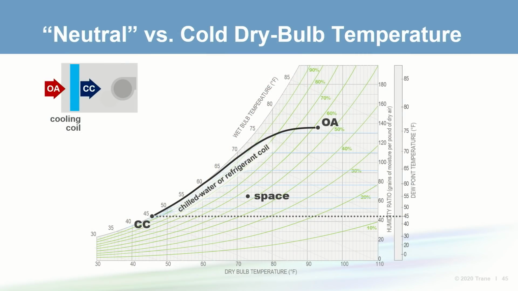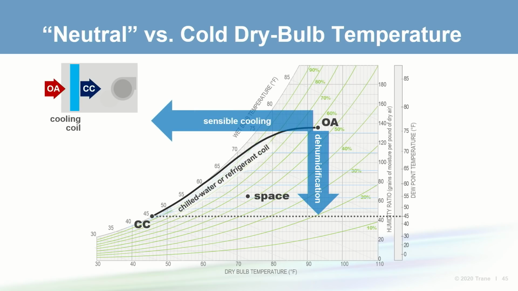Now in this example, I show a dedicated outdoor unit dehumidifying to 45-degree dew point. When a chill water or a refrigerant coil is used to dehumidify the outdoor air from point OA to point CC, a byproduct of that dehumidification process is sensible cooling. The dry bulb temperature of the air leaving the cooling coil at point CC is colder than the space.